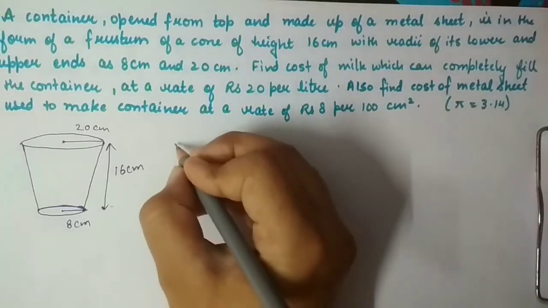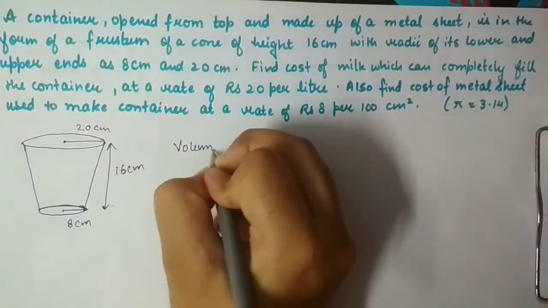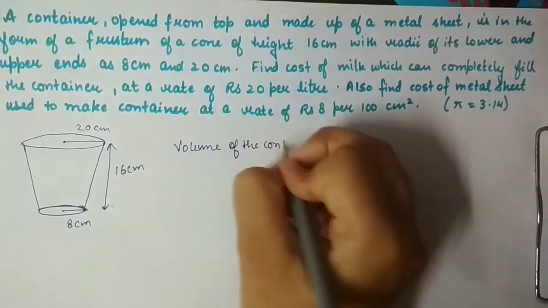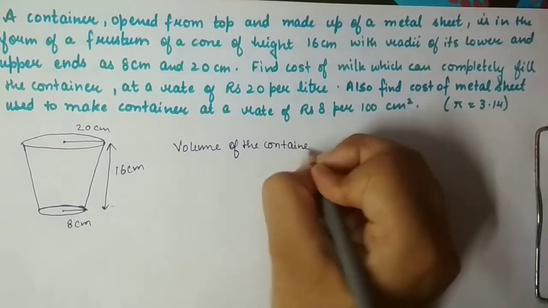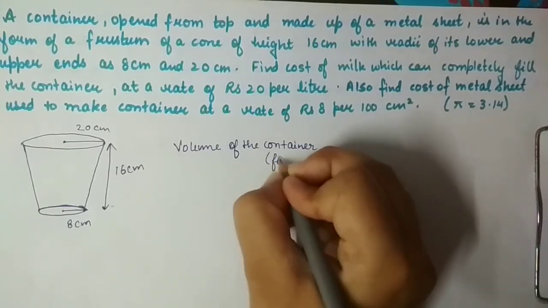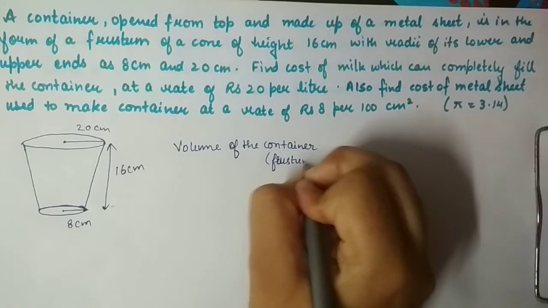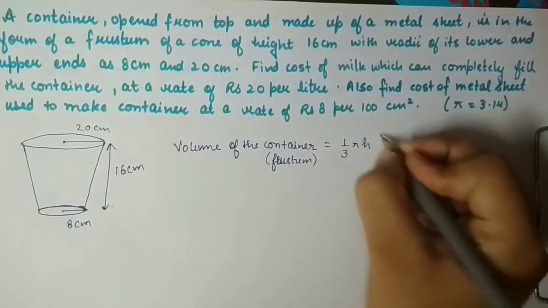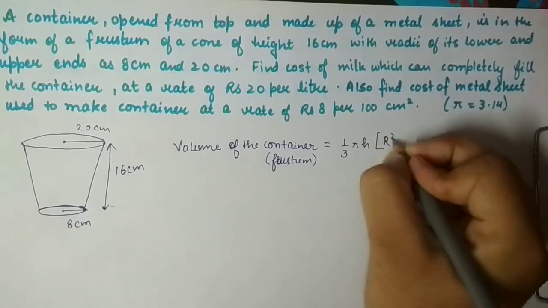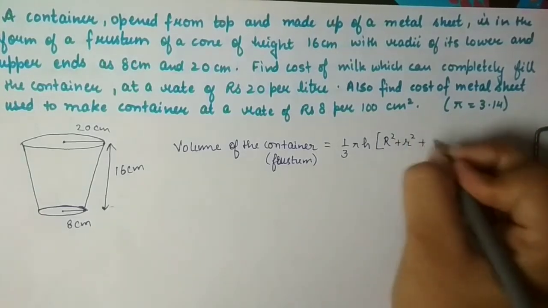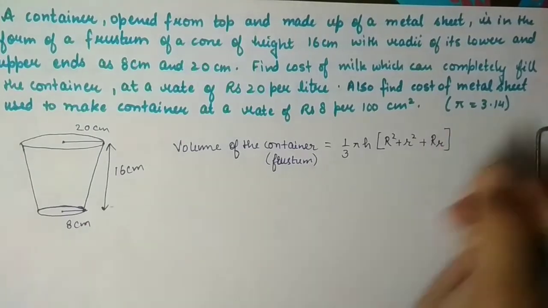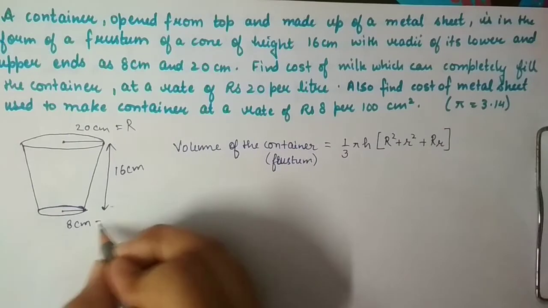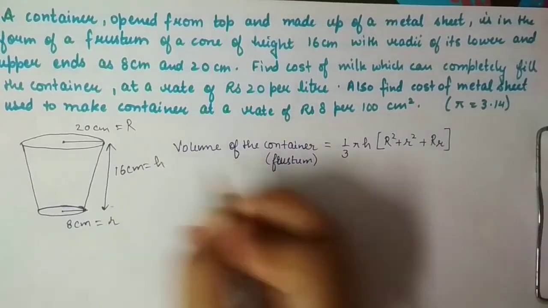So we will find out the volume of the container. The container is in the shape of frustum, so in bracket we can write frustum. Volume of frustum is given by the formula 1 by 3 pi h, and in bracket you have capital R square plus small r square plus R into r. Now this is capital R and this is small r and this is the height h.